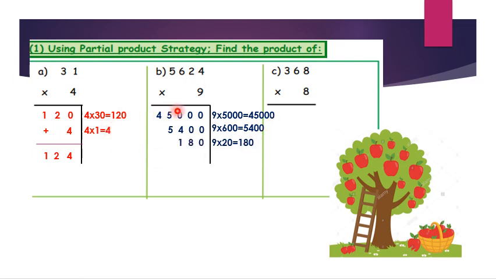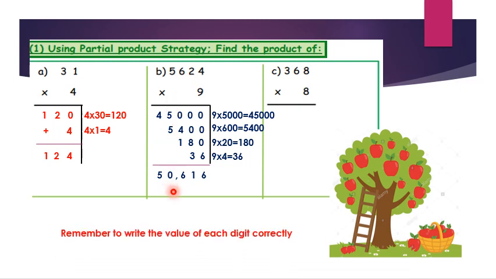And the last one, 9 by 4 in the ones, 36, and then add them together, so the answer should be 50,616. Don't forget that in the partial product we have to use the value of each digit correctly.